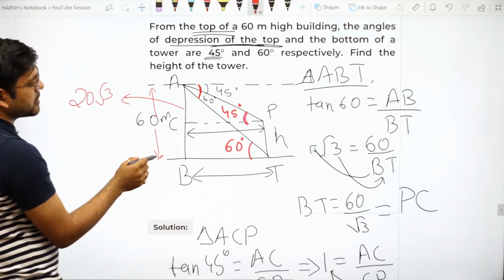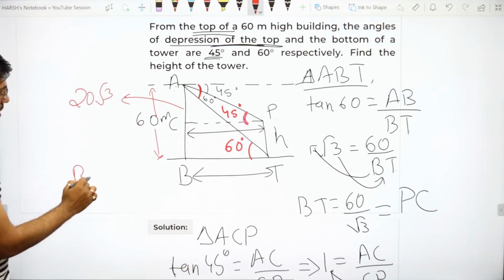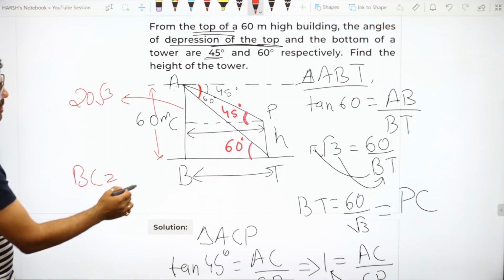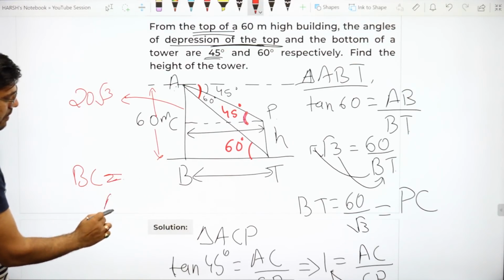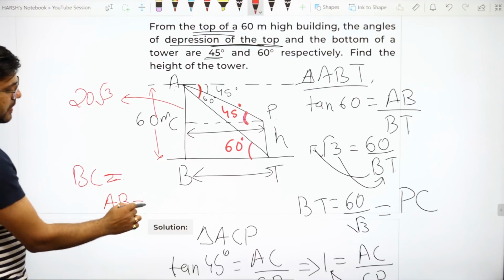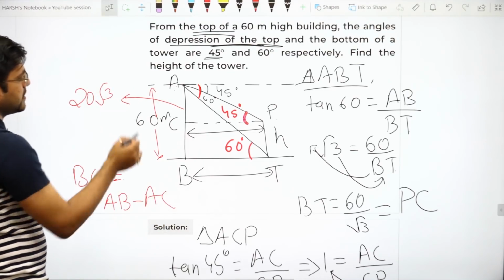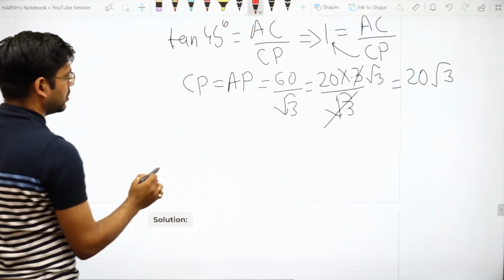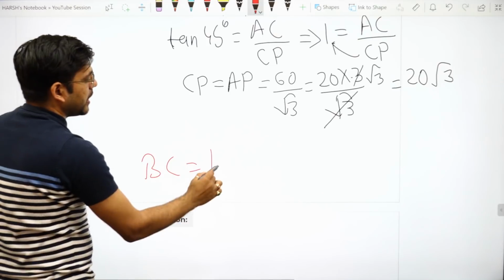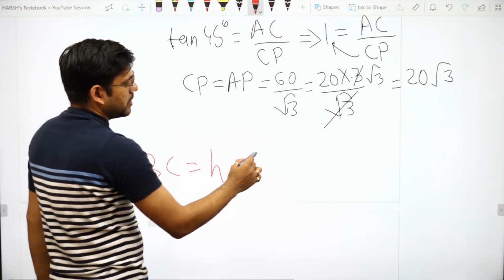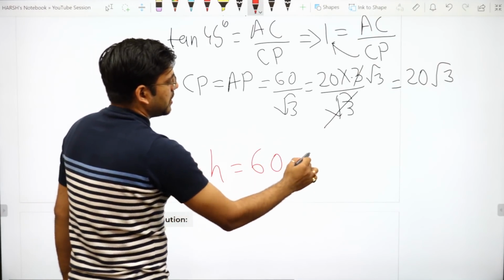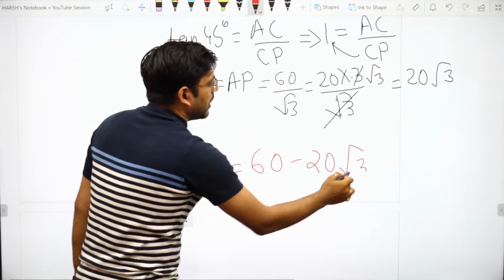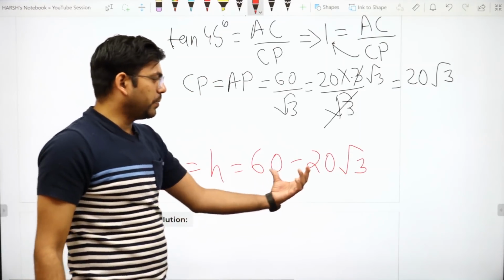For getting this BC, I guess you would be able to understand that BC is equal to AB minus AC. So BC, that is height of the tower, is 60 minus 20 root 3. And then substituting the value, you will be getting the final answer.